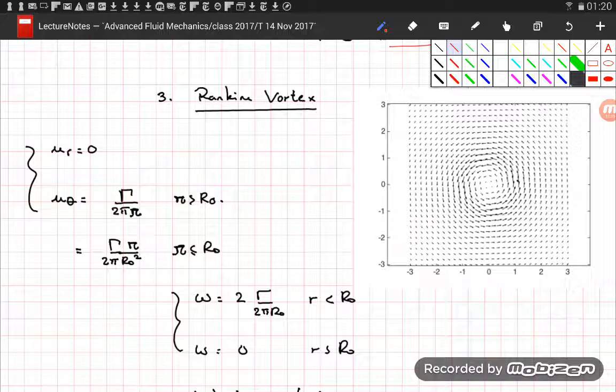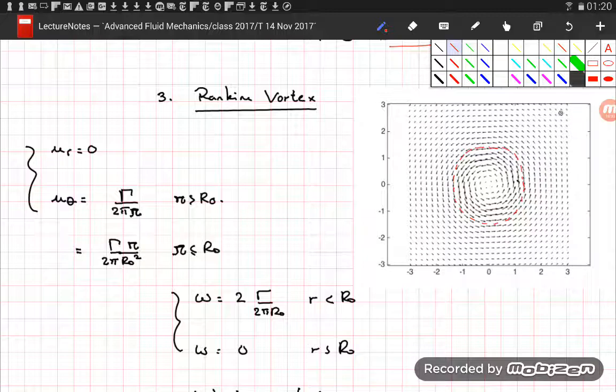So this is the velocity field for a Rankine vortex. 1 here is roughly here. If you draw a circle of radius 1, you will see that anywhere outside, if r is larger than r0, in this region here, as you move away from the origin the velocity decreases as 1 over r, so you have an irrotational vortex.